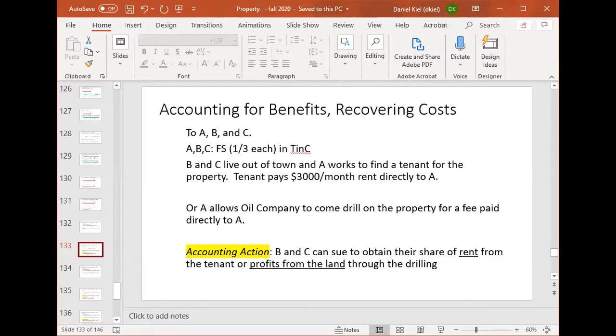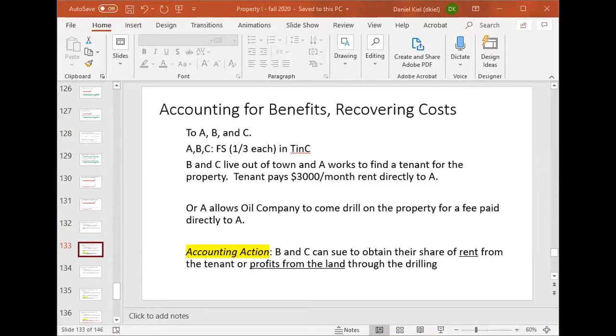So let's make a slightly different situation. Let's say A is running a graphic design business while living on this property, and the graphic design business makes $30,000 a month or something like that. Well, B and C are not entitled to a third of that $30,000 simply because A is living on the property and doing something.